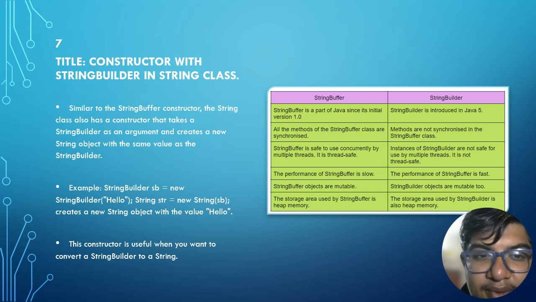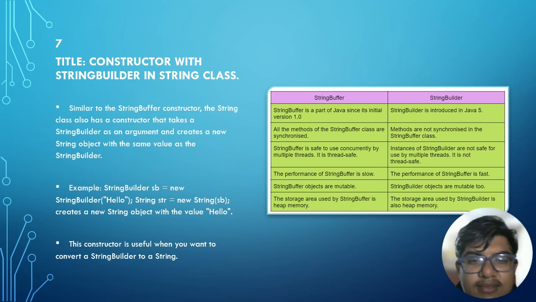Here you can see the difference between a builder and a buffer. All methods of the string buffer class are synchronized, while methods of the string builder are not synchronized. You'll have many differences like that so that you can understand what happens in a builder and what happens in a buffer. They're almost the same, but still there is a difference.